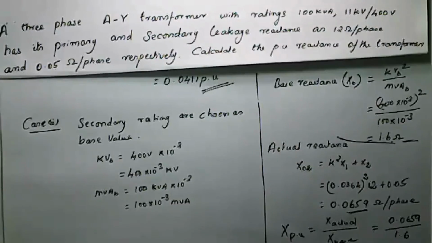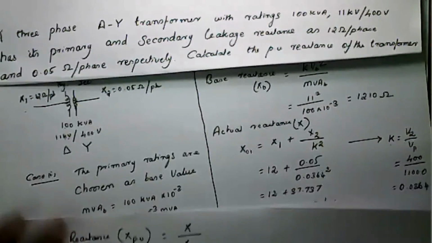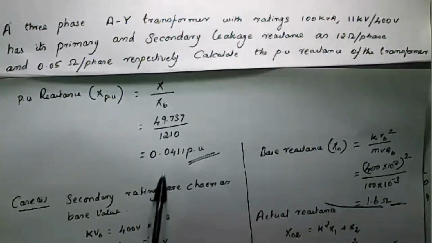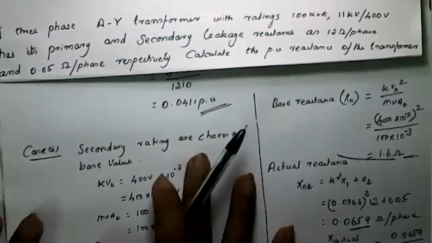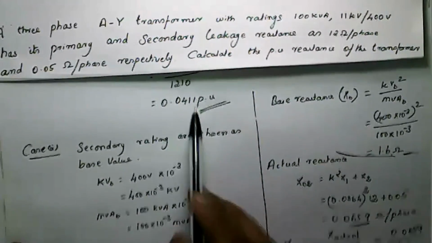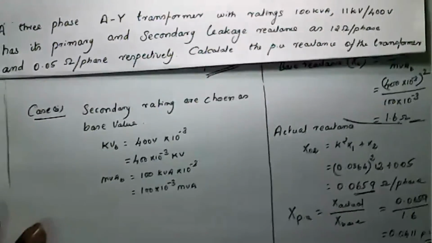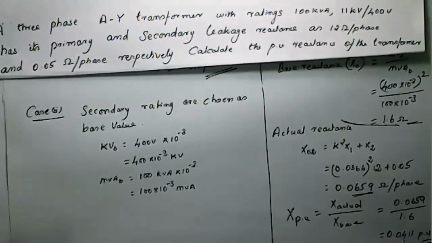Here, on both sides the values are the same. The per unit value calculated on the primary side is 0.0411, and in the second case, the per unit value calculated on the secondary side is also 0.0411 per unit.